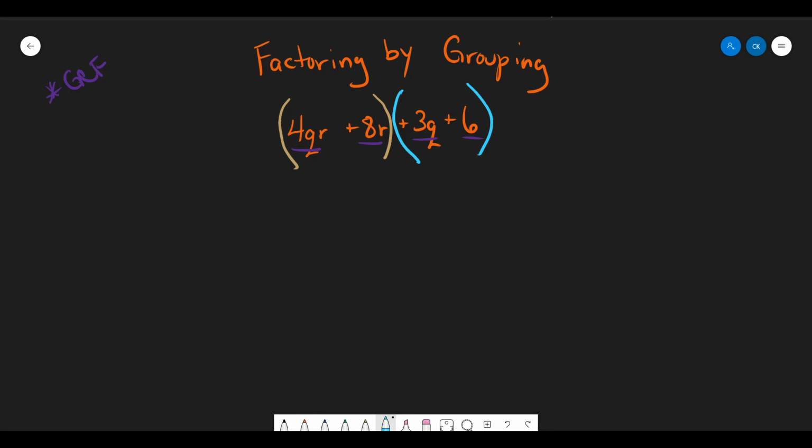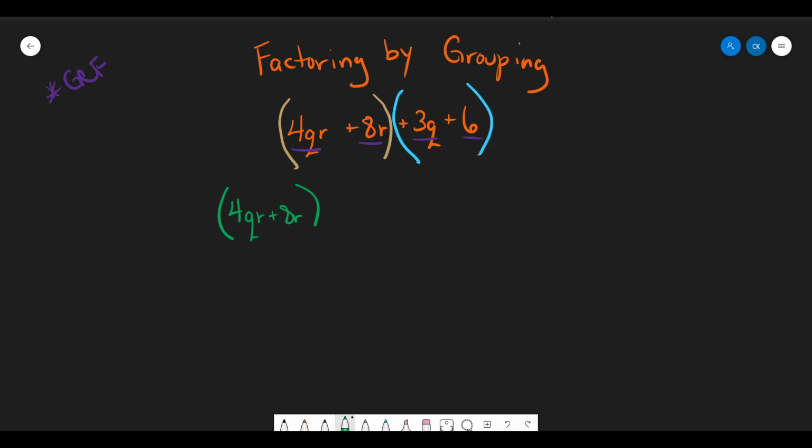So first step, group the first 2 together, group the second 2 together. Now, step 2, we're going to take each of these groupings and work with them separately. So I'm going to take the 4qr plus 8r, and I'm going to work with this as a separate equation. And I'm going to say, okay, is there a GCF between 4qr and 8r?